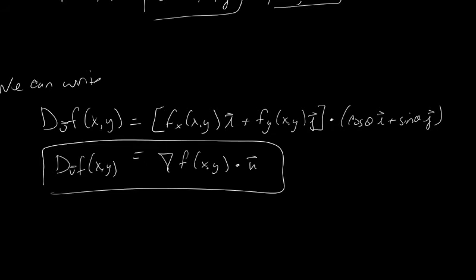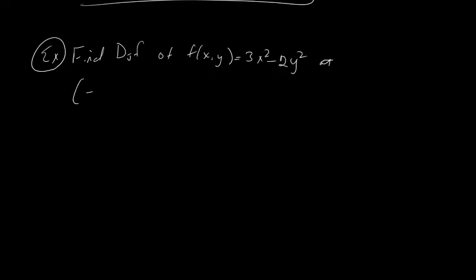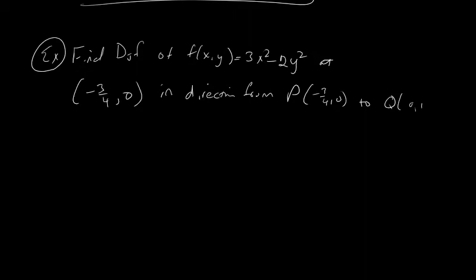So let's see an example where we actually find a directional derivative using the gradient. Let's find the directional derivative of f of x, y equal to 3x squared minus 2y squared at the point (-3/4, 0) in the direction from P, which is the point (-3/4, 0), to Q, which is the point (0, 1).